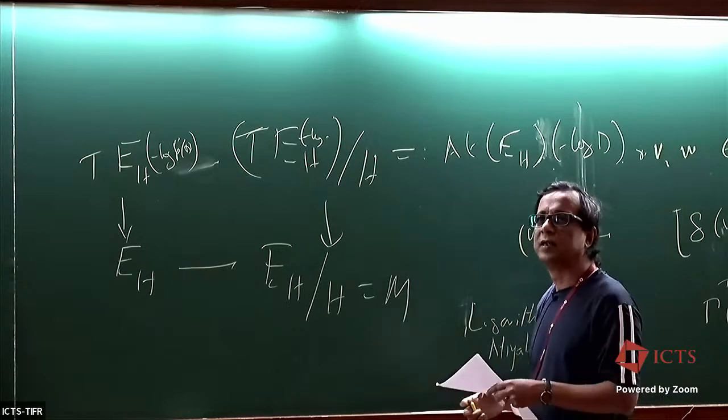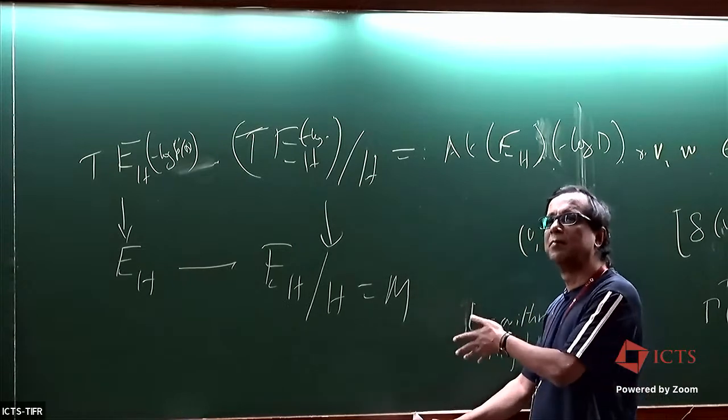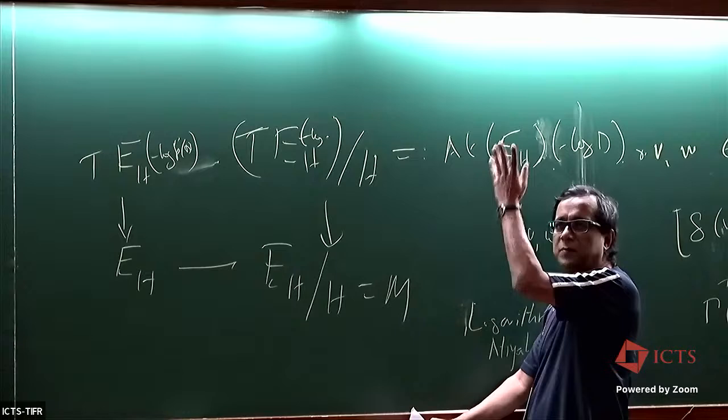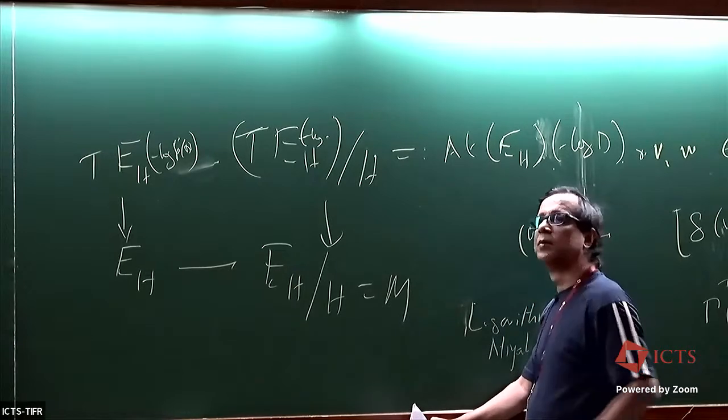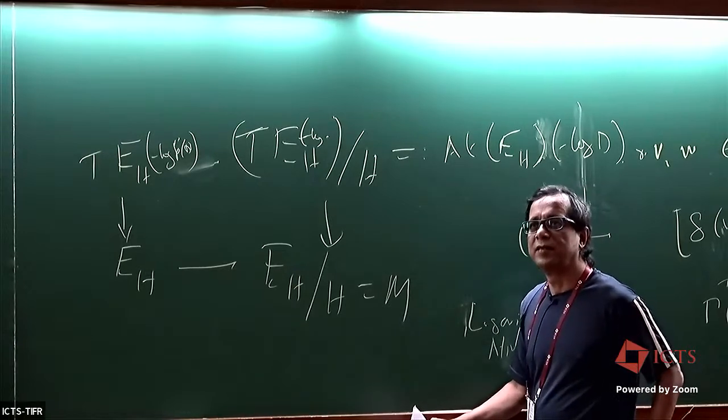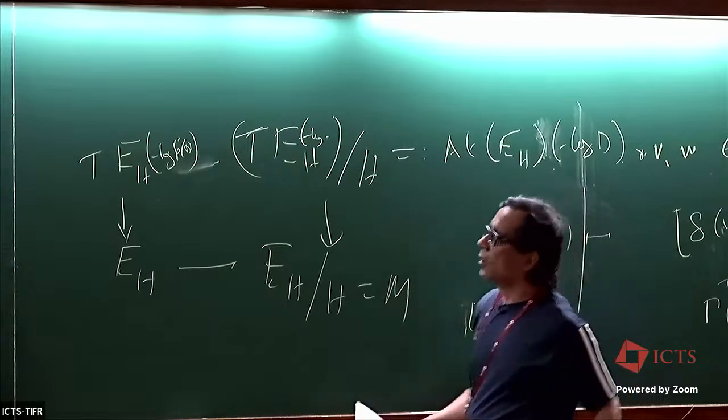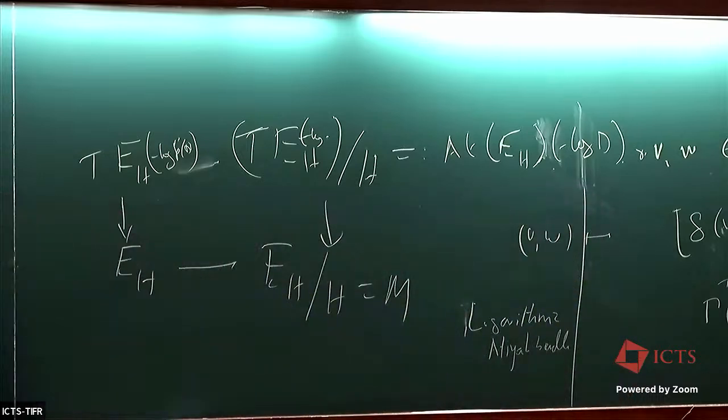Just before, instead of TM, I take TM minus log D, and I take the inverse image. I also have to modify the tangent bundle appropriately. So you get the logarithmic Atiyah exact sequence.